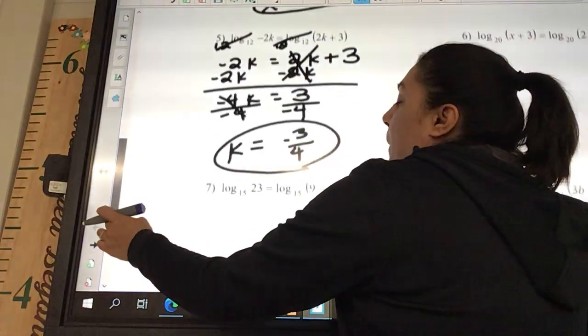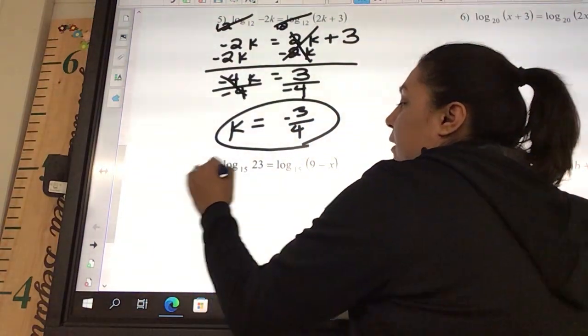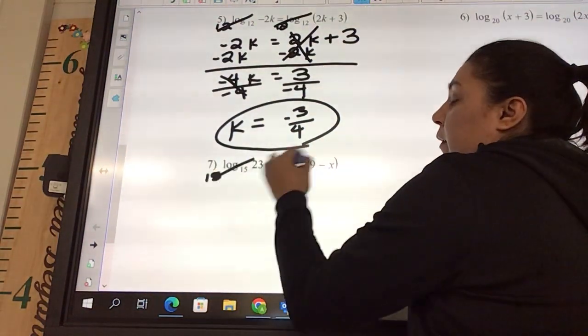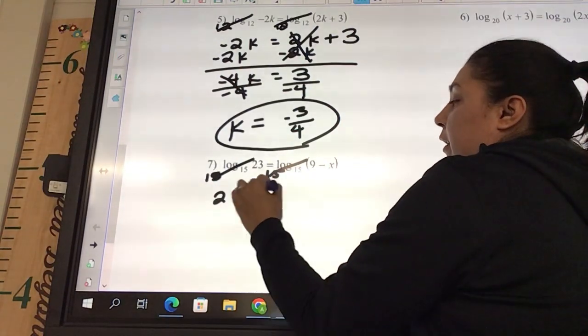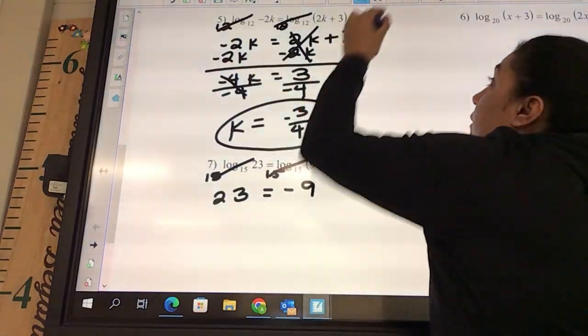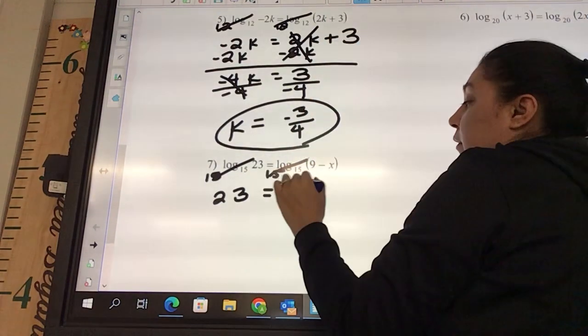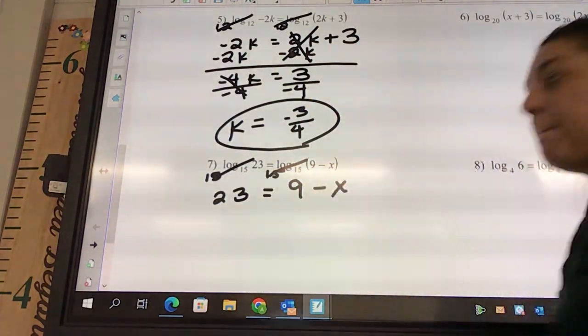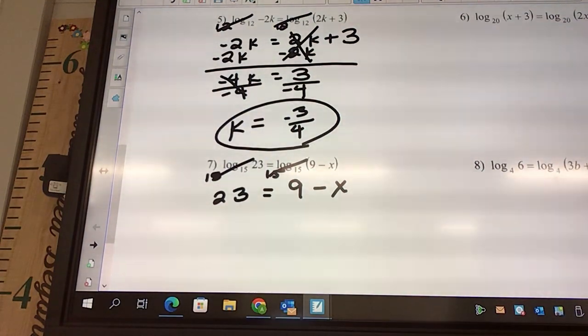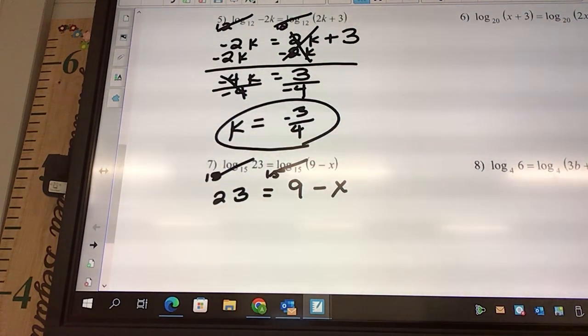Okay, 7. We're going to say to the 15. I got 23 equals negative 9. Just kidding, 9 minus x. Some of you are going to ask, why do you do it this way? Because it just goes with the habit.